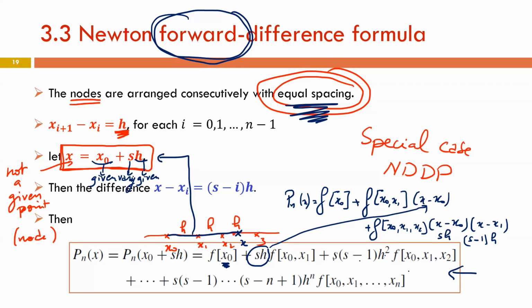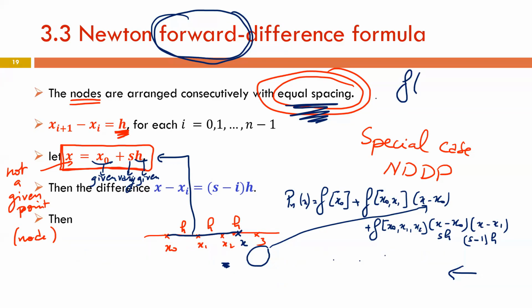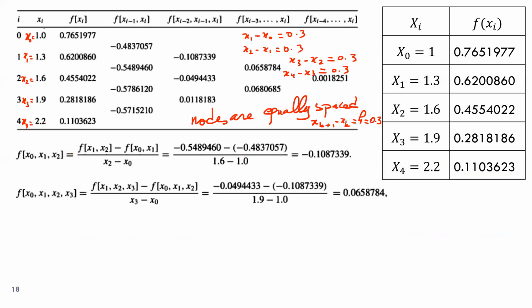This is called the forward difference. Why do we need this? When do we need this? We need this when we want to approximate the value of f at a point which is close to x0. So here are our points.